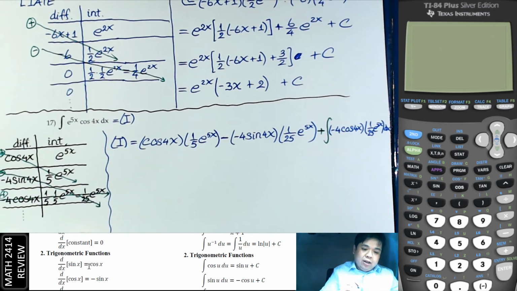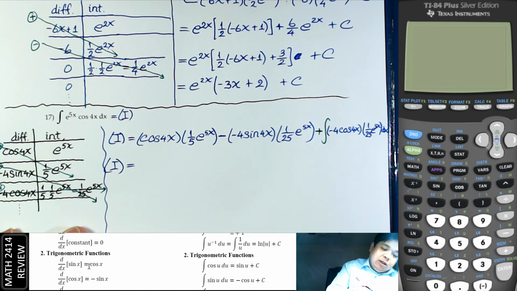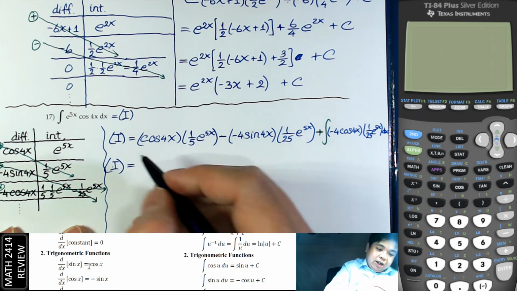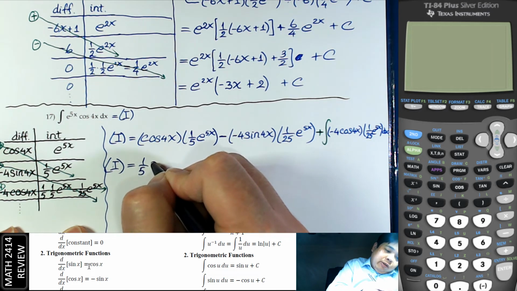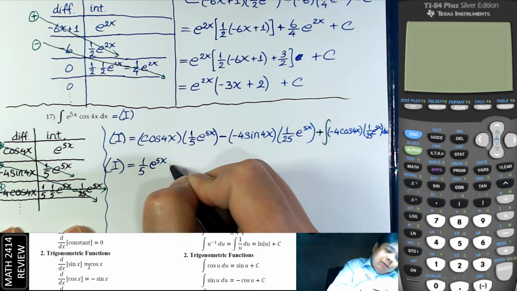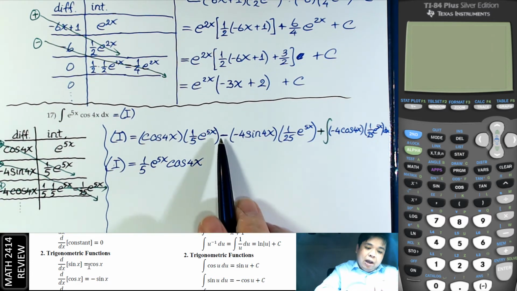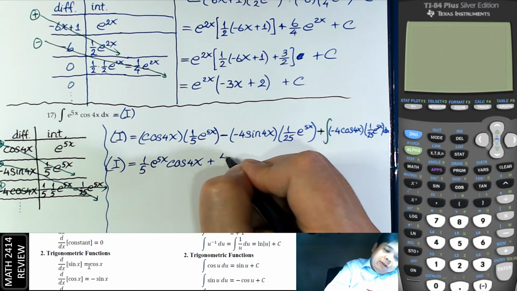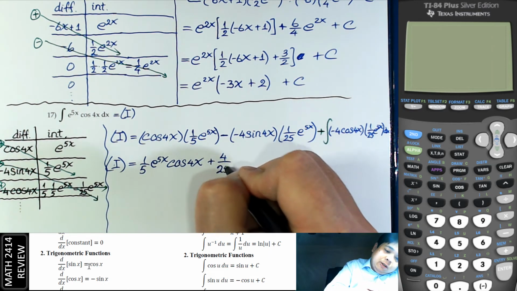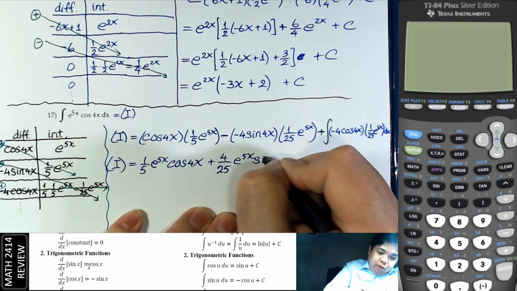Right, so let me simplify a little bit, maybe we have more space. By the way, we can just write that down. So 1/5 e to the 5x cosine of 4x minus the negative, that's a plus 4 over 25 e to the 5x sine of 4x.